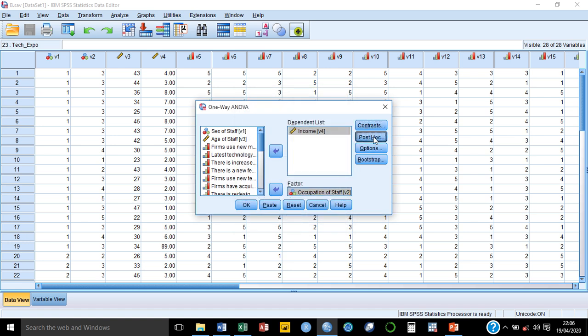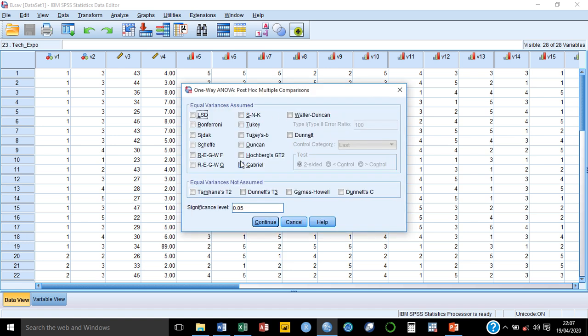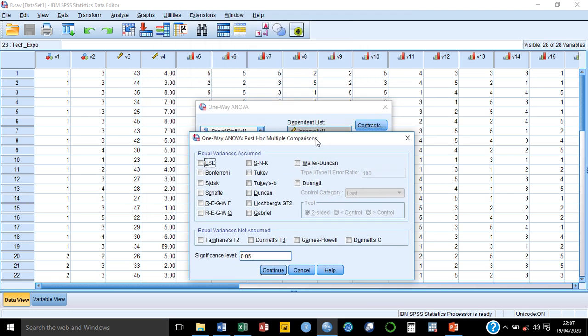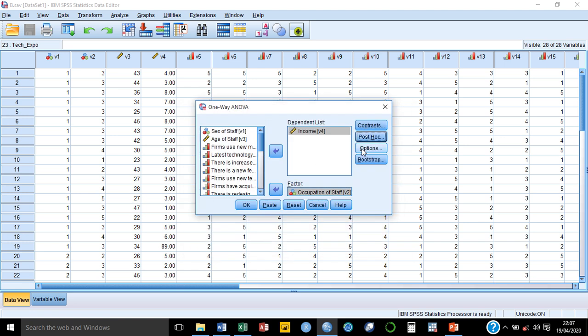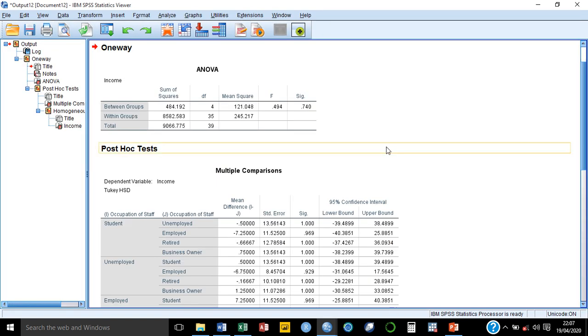And post hoc breaks it down for you. Which post hoc to use largely depends on you and where you're submitting or working for. For sake of easy interpretation, I like to pick Tukey test and continue. The post hoc test further buttresses your results and helps you break it down more. Okay, that's for the one-way ANOVA.